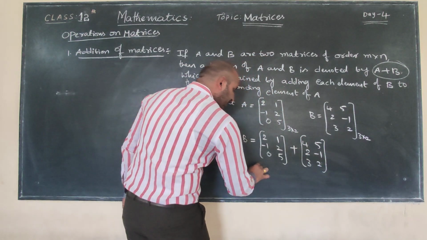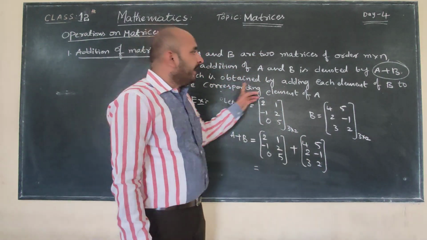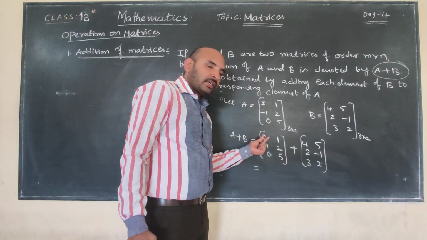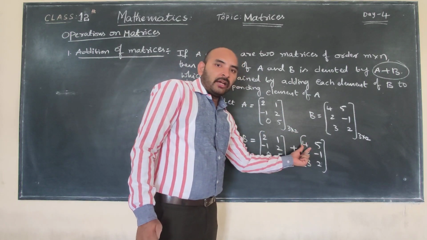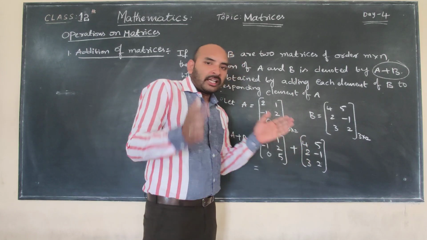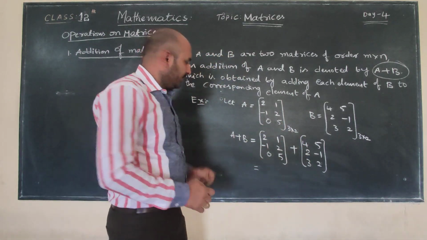It is equal to, as I told, corresponding elements must be added: first row first element of the first matrix with first row first element of the second matrix.